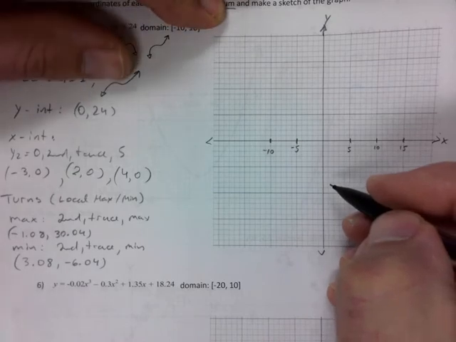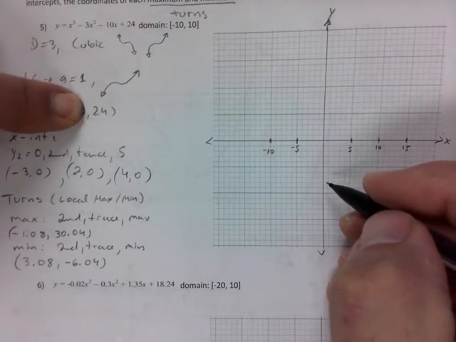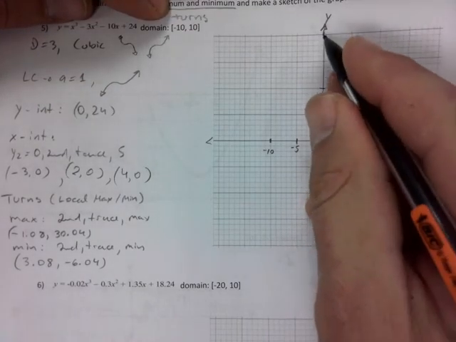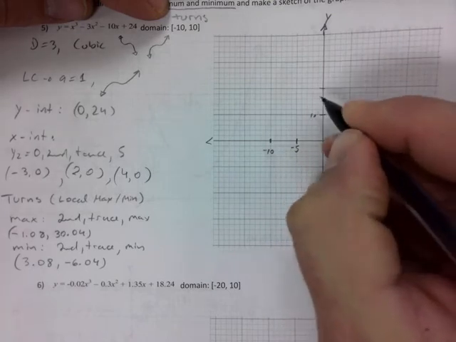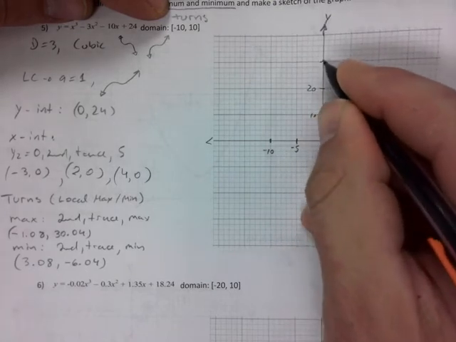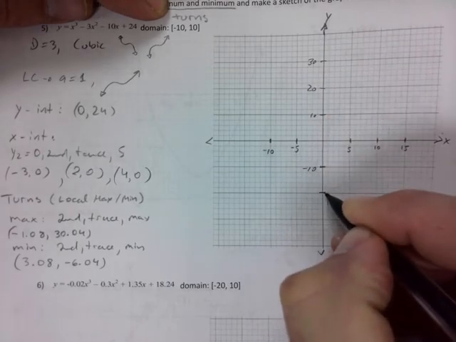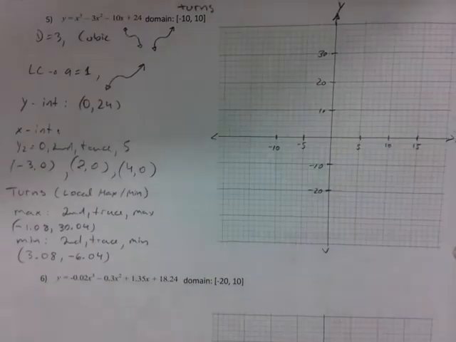And then along the Y, I need to make sure I include the y-intercept. So let's see here, 5, 10, 15, 20, it wouldn't quite work. Okay, so I'm just going to go 10, 20. I'm going to use the same scale as the x-axis. Okay. So there you have it, your scale is set.